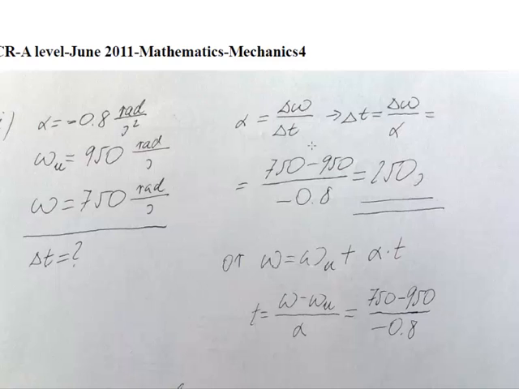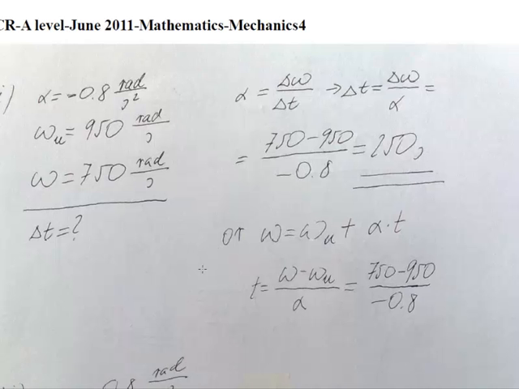After substitution, we get the time 250 seconds. There is a second solution. We can apply this formula, minus omega u over alpha, and after substitution we get the same solution.